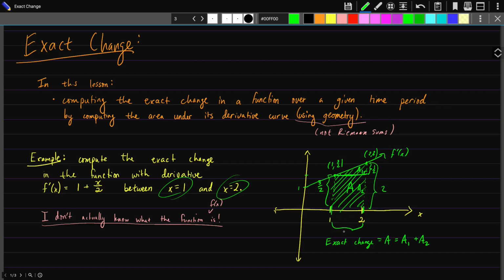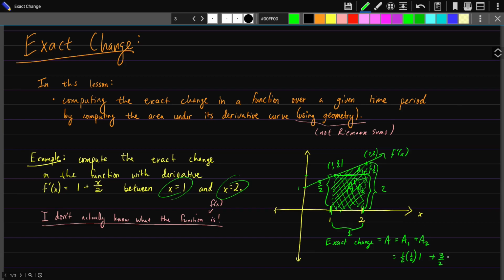I'll notice that the base of this rectangle has length 1. So that tells me that A1, which is the triangle on top, has length 1 and height 1/2, and the area of a triangle is 1/2 base times height. So I got 1/2, 1/2, and 1. The second term is A2, and that is the area of this rectangle down here. This rectangle has height 3/2, and it has width 1.